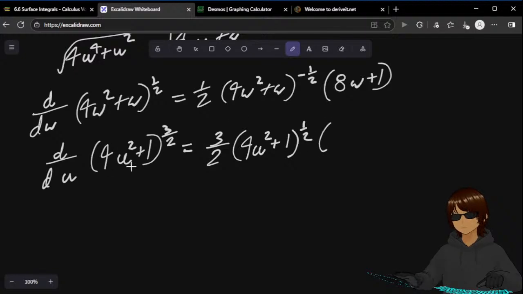Times the derivative of the inside. Just 8u, right? 8u plus, okay. 8 divided by 2 is 4. 4 times 3 is 12. u root of 4u squared plus 1.